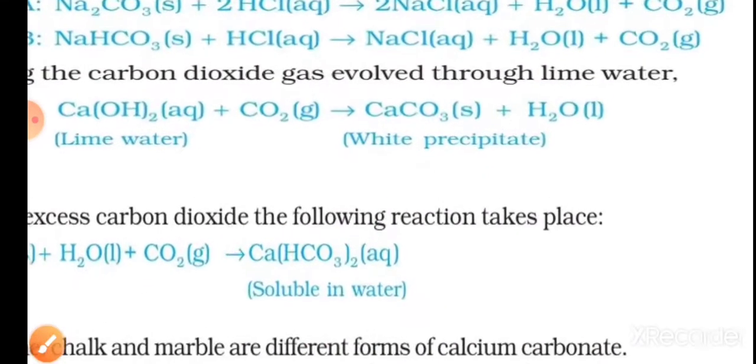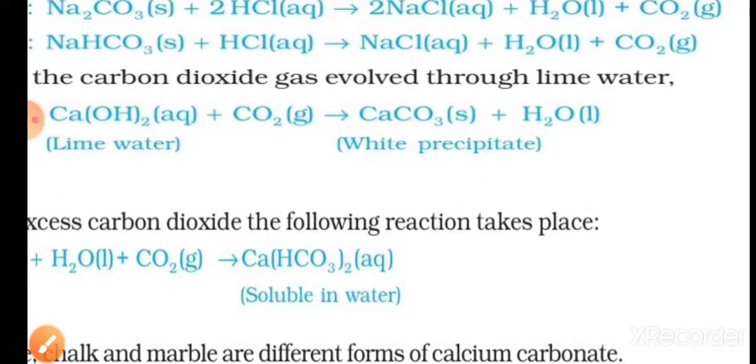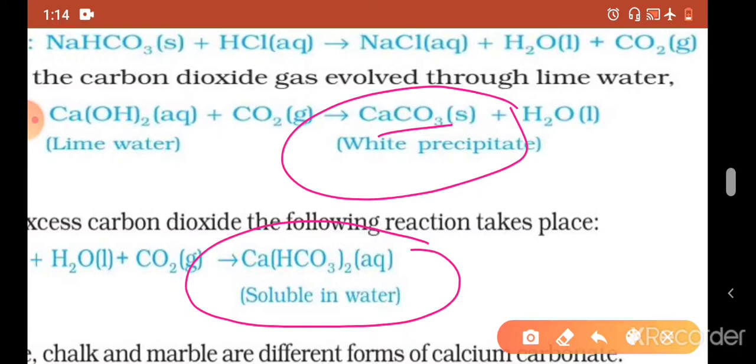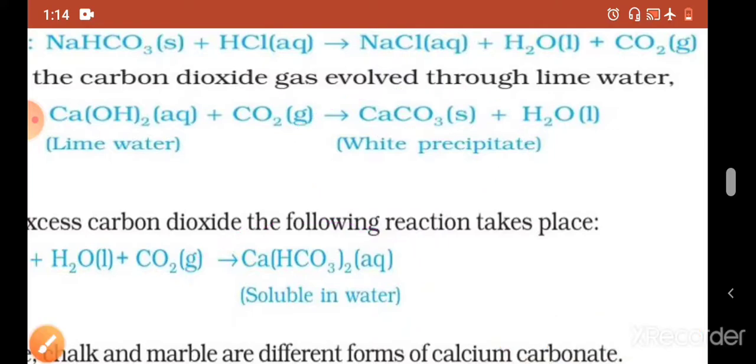I can zoom it. This is soluble matter. Once it becomes turbid white, it means a white solid is formed, which is CaCO3. When more carbon dioxide is passed, it becomes a solution in water. It is soluble in water, so it is a transparent solution afterwards.